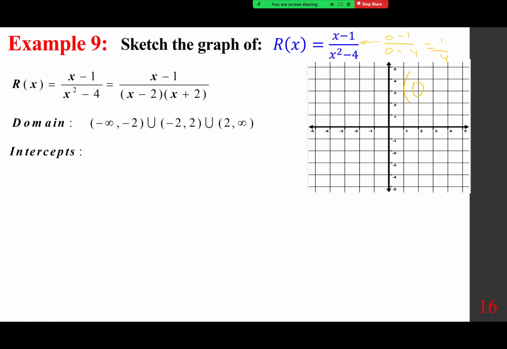So you get (0, positive 1/4). If y is 0, you set the numerator equal to 0. That means r of x equal to 0. A fraction is 0 when the top is 0. That means x minus 1 is 0. That means x equals 1. That means (1, 0). So these are the intercepts.